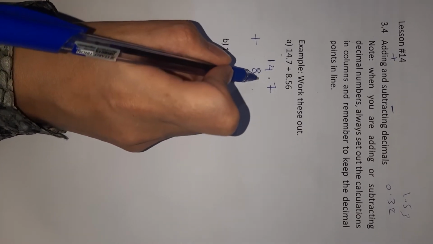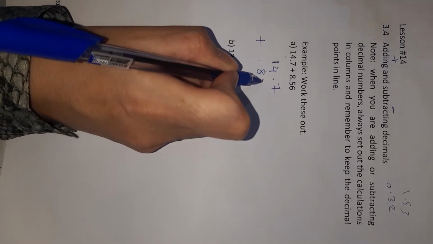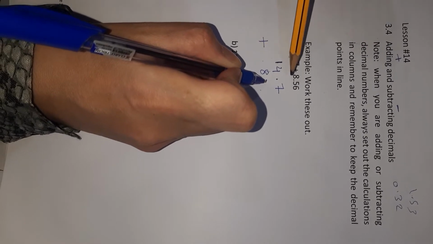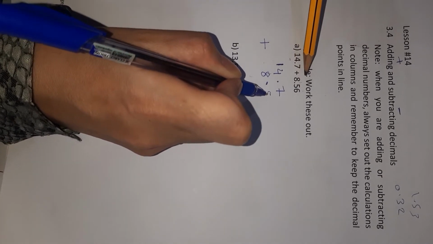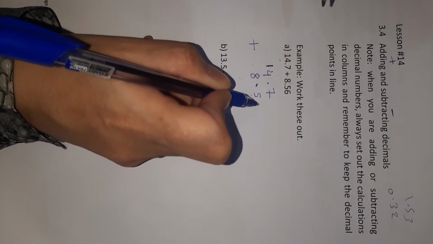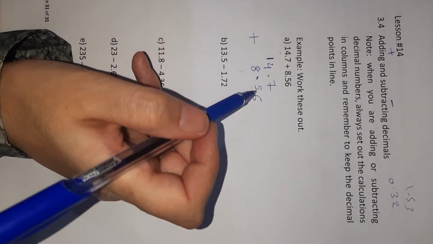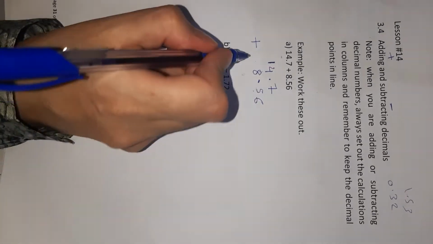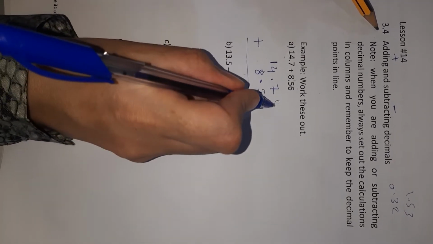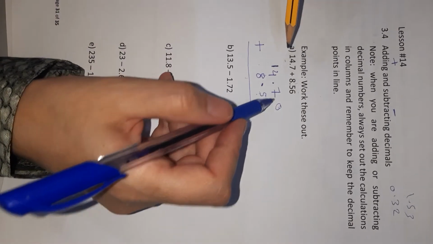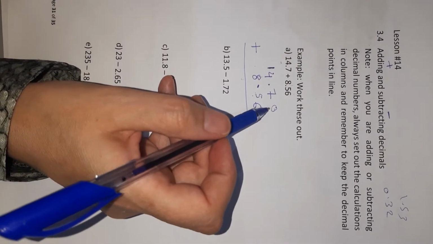Then the point. Remember to keep the decimal points in line. Point under the point. Here 56, 5 under 7, the tenths, then here 6. So here we start with the hundredths column to add them. Here it is empty in the hundredths in the first decimal number, so you have to put 0.